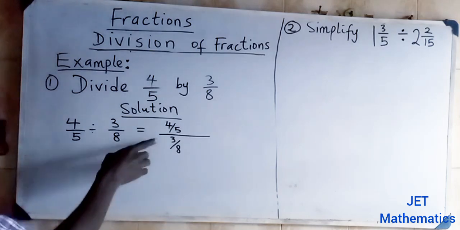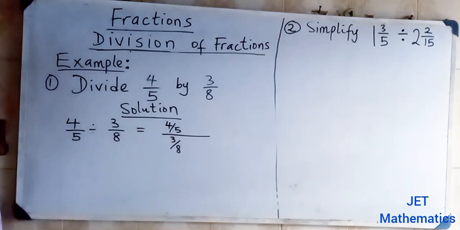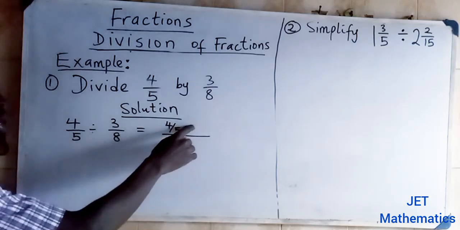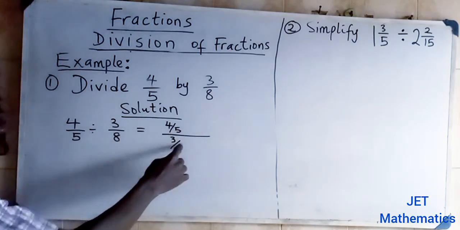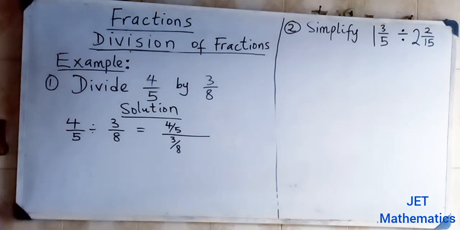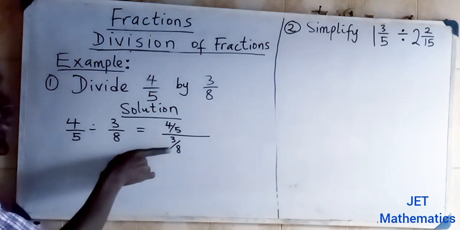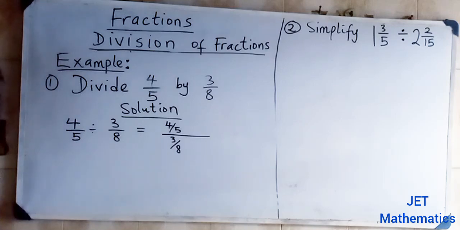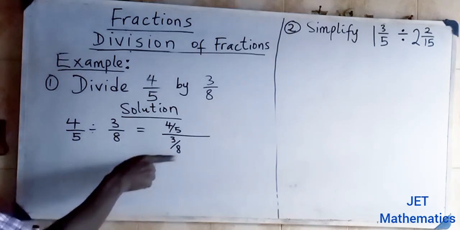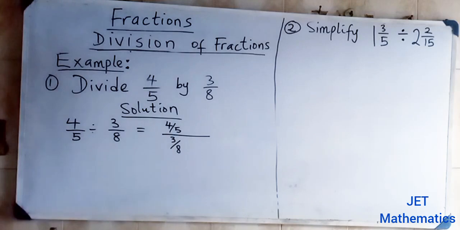Now to solve this, we'll multiply the numerator and the denominator by the multiplicative inverse of the denominator. We are doing this so that the denominator can become unit or 1.